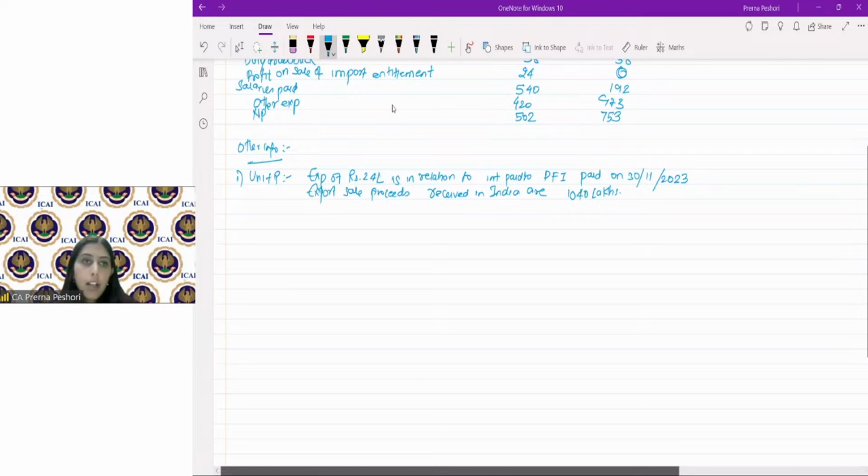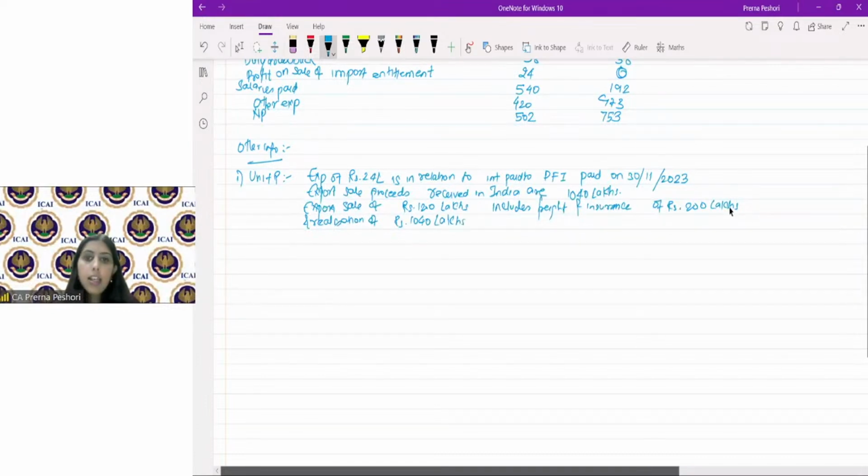Export sales of 1200 lakhs include freight and insurance of rupees 200 lakhs. And realization of 1040 lakh includes insurance and freight of 140 lakh.